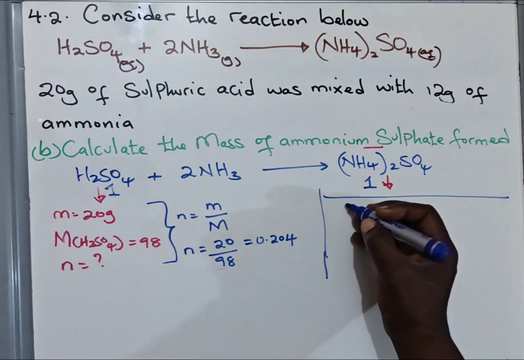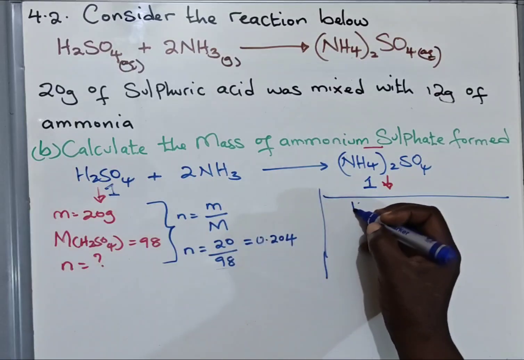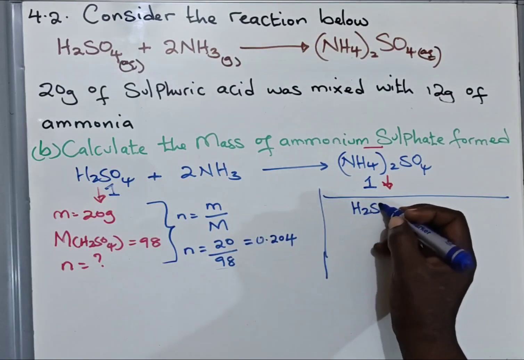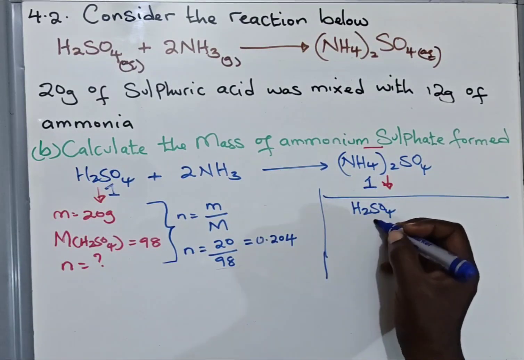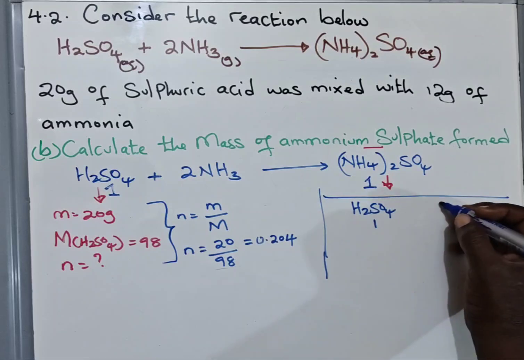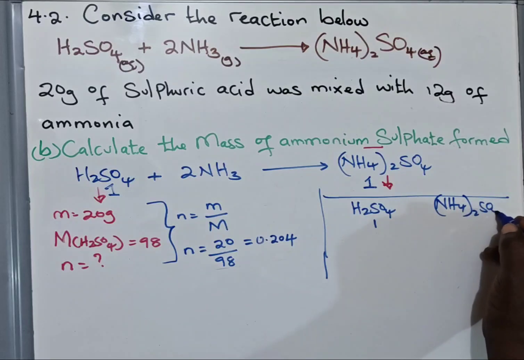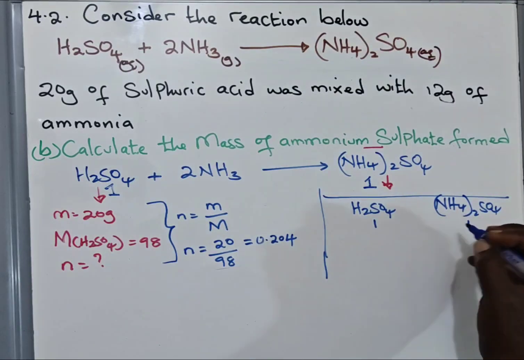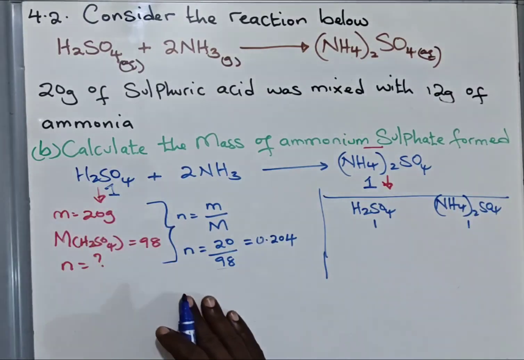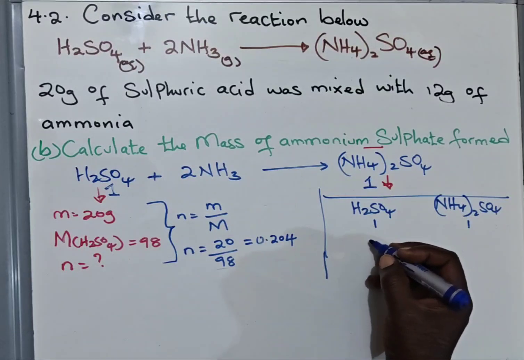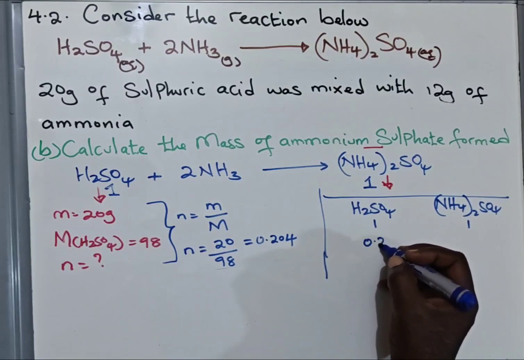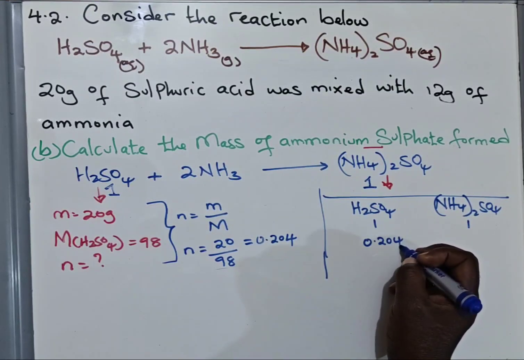You have to remember that we are comparing sulfuric acid, which is 1, and ammonium sulfate, which is also 1. But you know number of moles of sulfuric acid. We found it as 0.204.